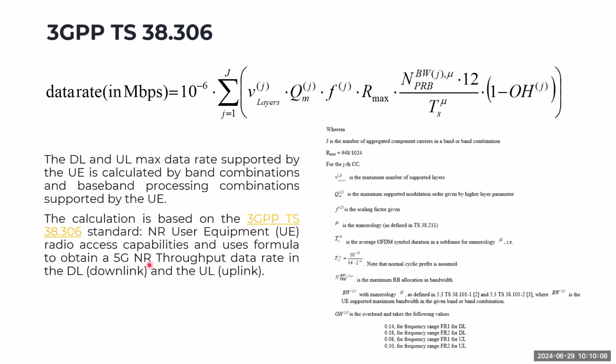The data rate in Mbps is equal to 10 to the negative 6 multiplied by the summation over all the layers, of the supported modulation order, the scaling factor, the maximum coding rate, the number of physical resource blocks, and the number of subcarriers, divided by the numerology symbol duration, multiplied by the overhead used in the network setup.